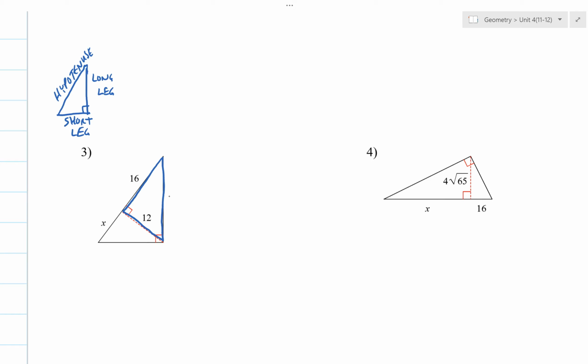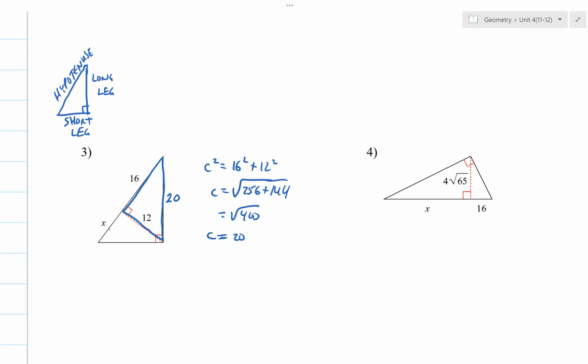So if we call this side C, for example, we'd have C squared equals 16 squared plus 12 squared, so C equals the square root of 256 plus 144. That's the square root of 400, which is 20. So C equals 20, so now we know this side is 20.